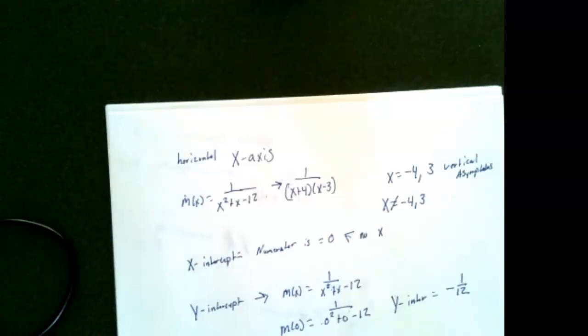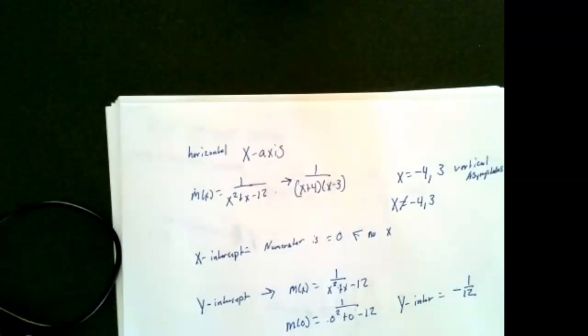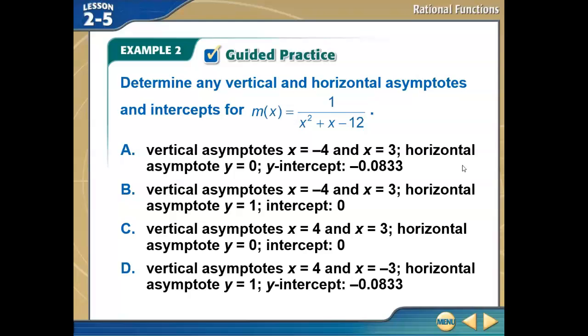Okay, so now we want to choose an answer selection that solves it. They don't keep it in fractional form here for us. But looking at option A, vertical asymptotes at -4 and 3, that checks out.